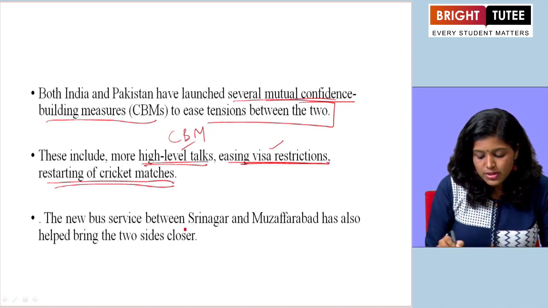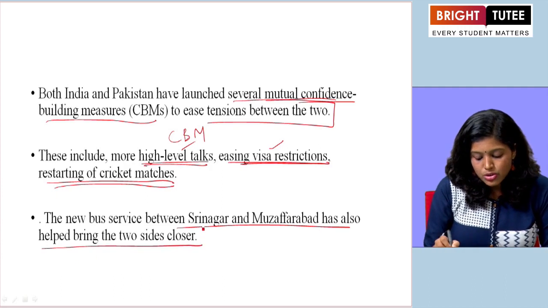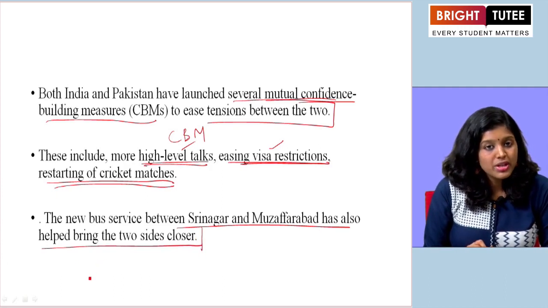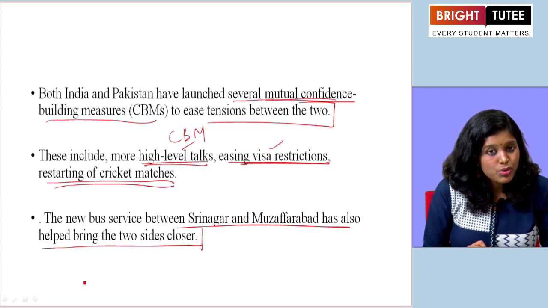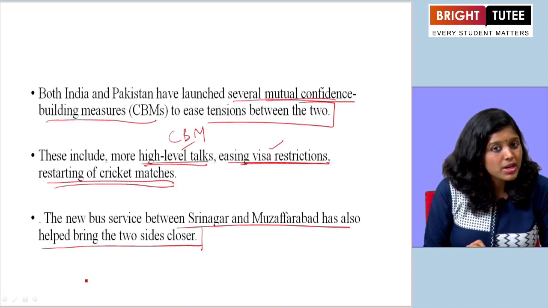The new bus service between Srinagar and Muzaffarabad has also helped bring the two sides closer. So, improving communication networks plays a major role in strengthening the relations between India and Pakistan.